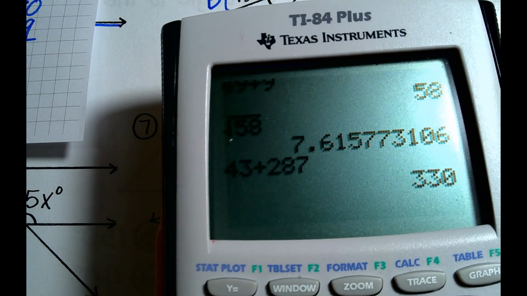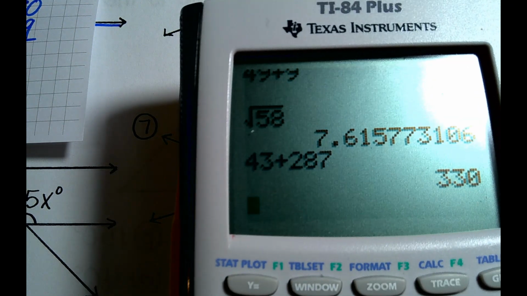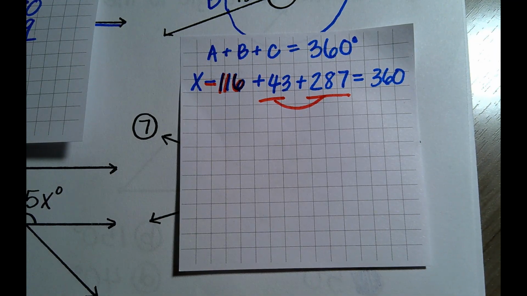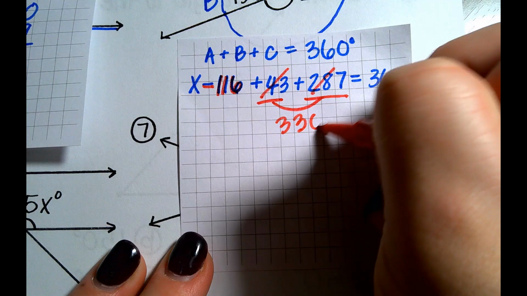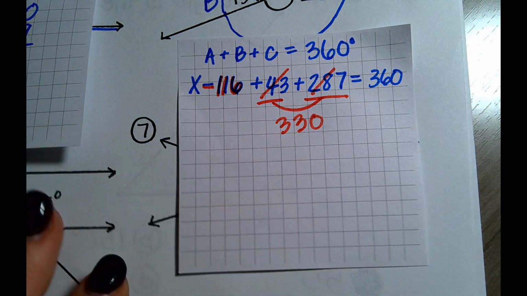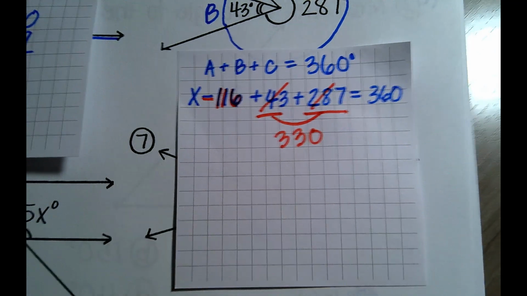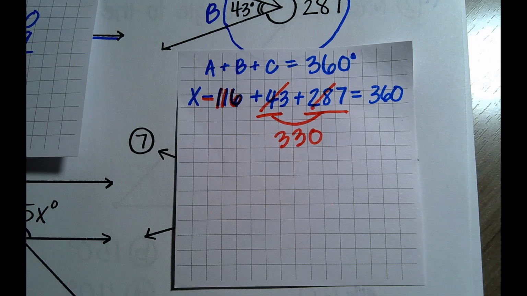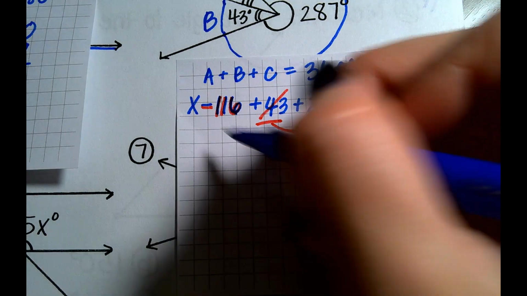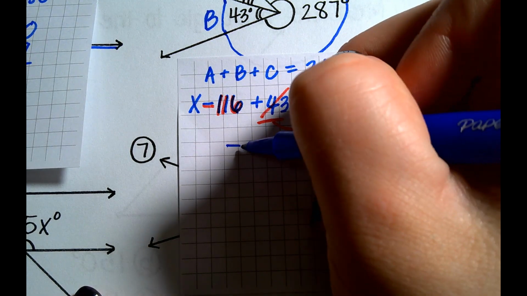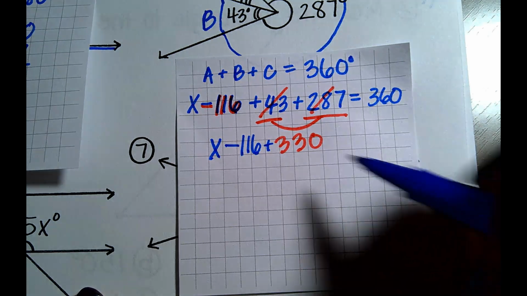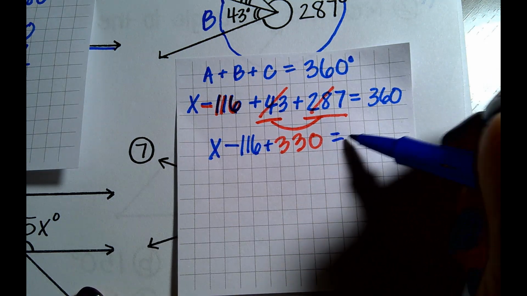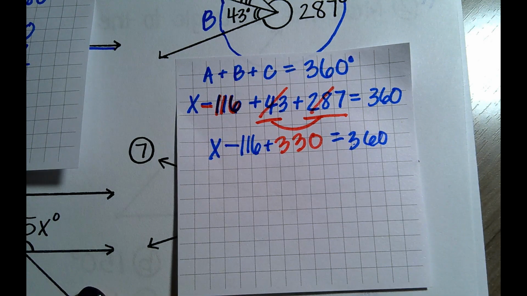I got 330. Okay, so I've done that. What should I bring down from here? Minus 116. X minus 116 plus 330 equals 360.